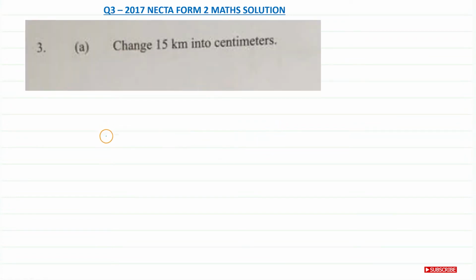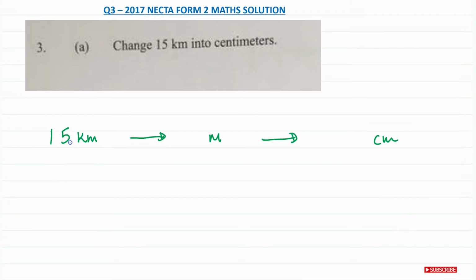And now for question 3a, we're asked to change 15 kilometers into centimeters. Well, we have 15 kilometers. The best thing to do is change the number first into meters, and then from there change them into centimeters. From kilometers, what do we need to do? Kilo means 1,000.